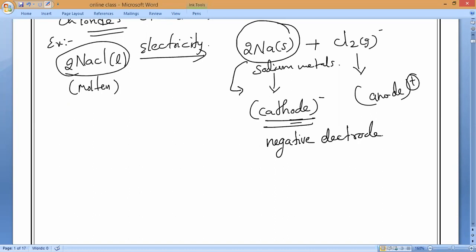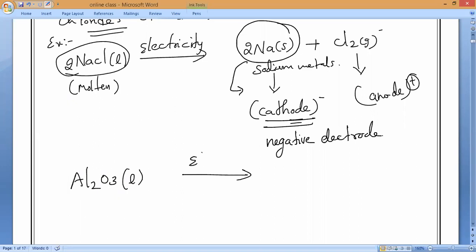In the same way, I taught you one more example of electrolysis, the extraction of aluminium. Can you tell me what that is? Just check it and tell me. Aluminium oxide, Al2O3. Aluminium extraction is also in the molten state.